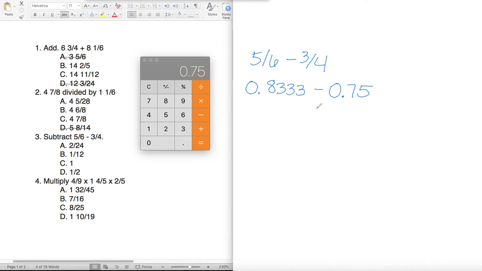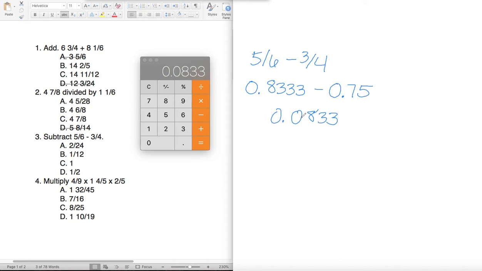And so then going to do that on our calculator. 0.8333 minus 0.75 equals 0.0833.